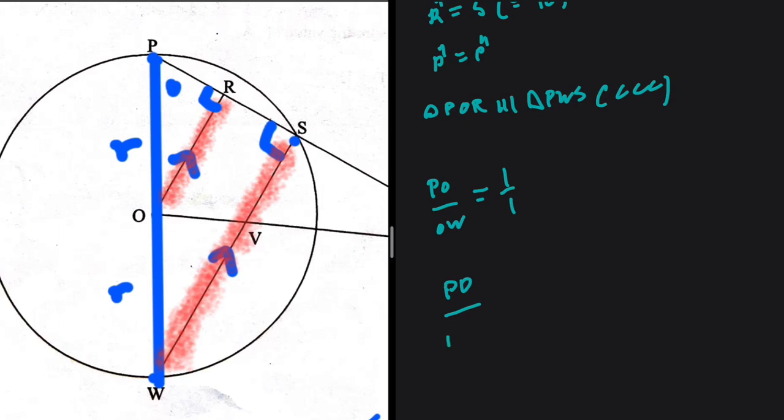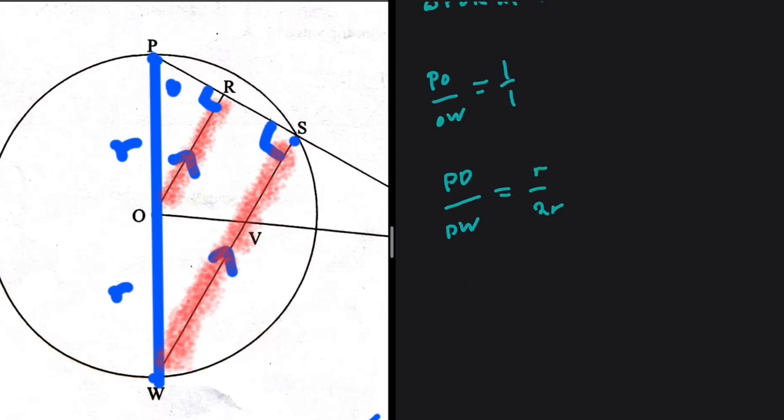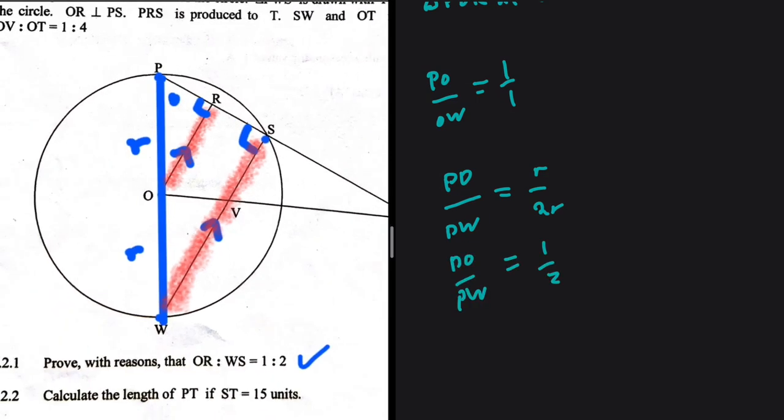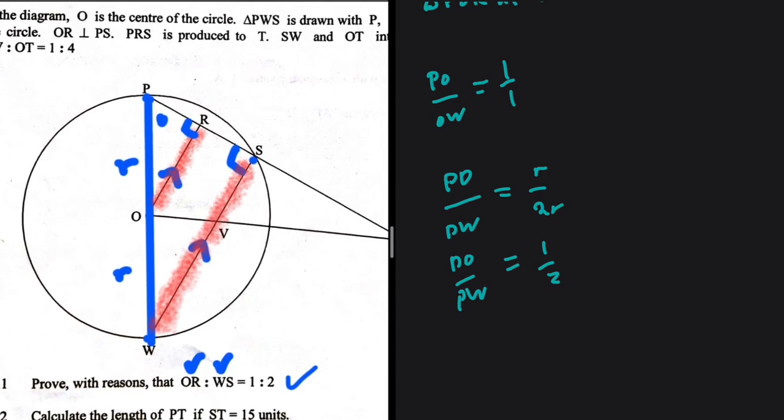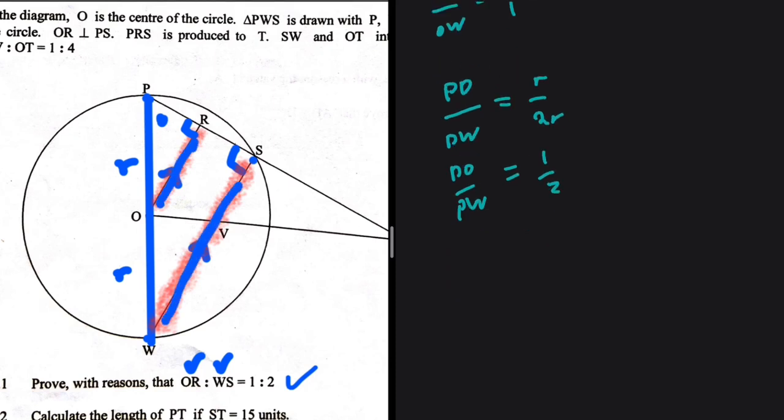So PO divided by PW should be equal to R divided by 2R, which is 1/2. But we are interested in OR and WS. OR is this side on the smaller triangle, and WS is this side on the bigger triangle. So those sides should also be in proportion.